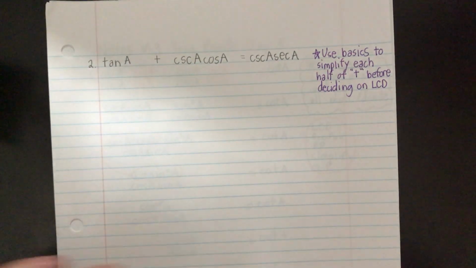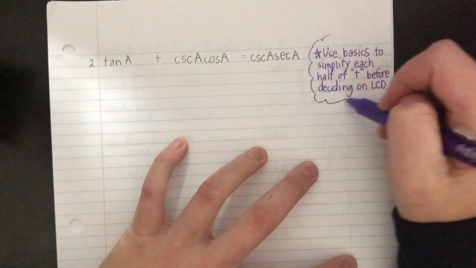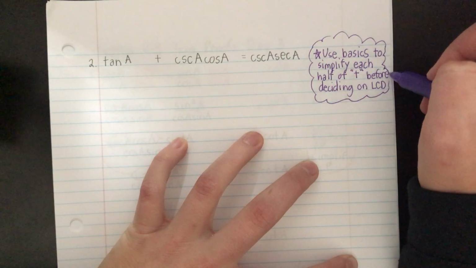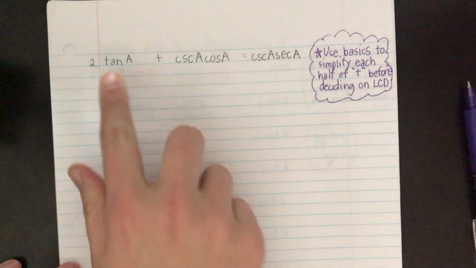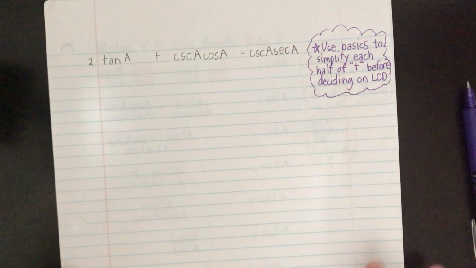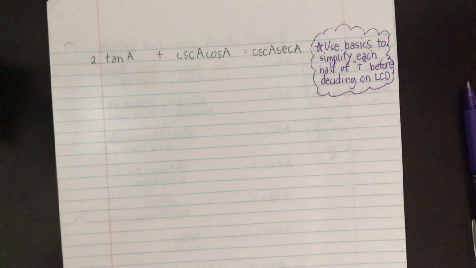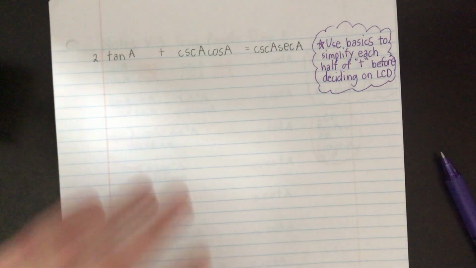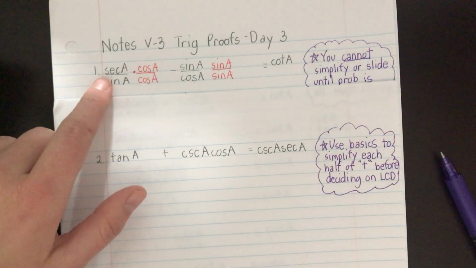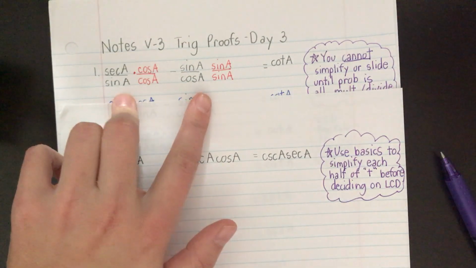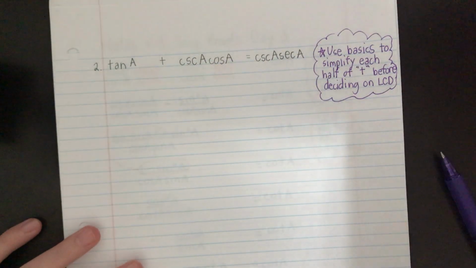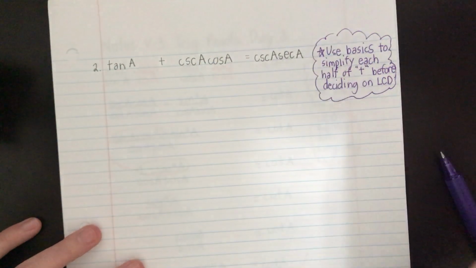Just like before, we cannot simplify before this is all multiply or divide. Unlike number 1, where we could easily see what the common denominator would be, here we need to first turn tangent into its basics, and the same here.